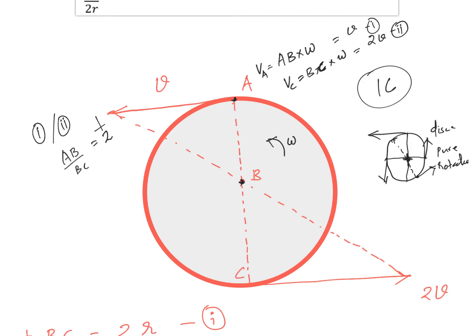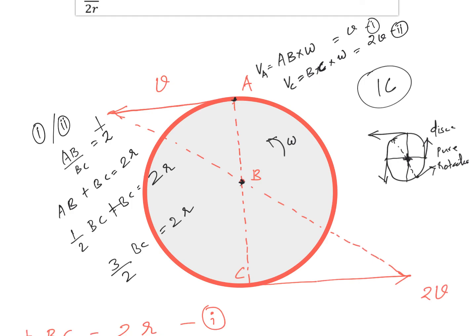Now I can exploit another fact: when I add AB plus BC, I should get 2R. You know AB is half of BC, so 3 by 2 BC is 2R.